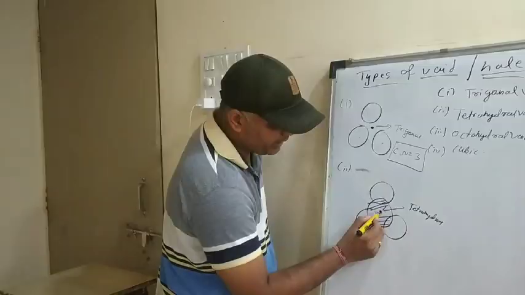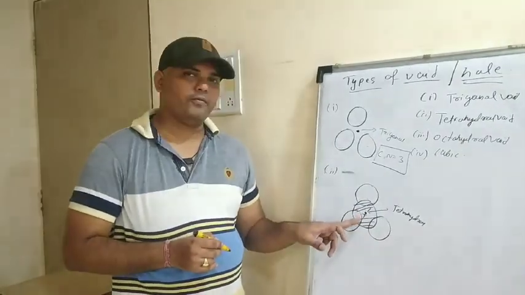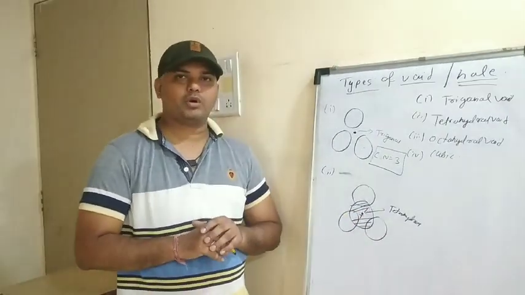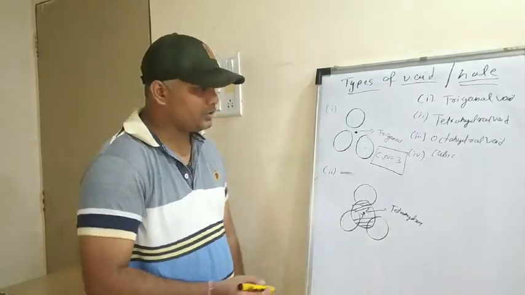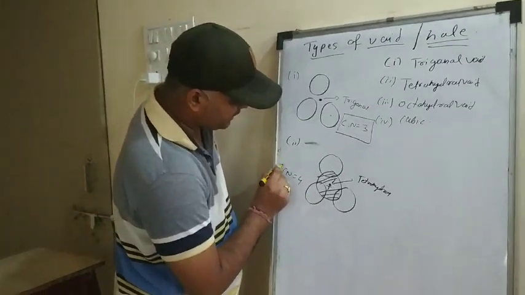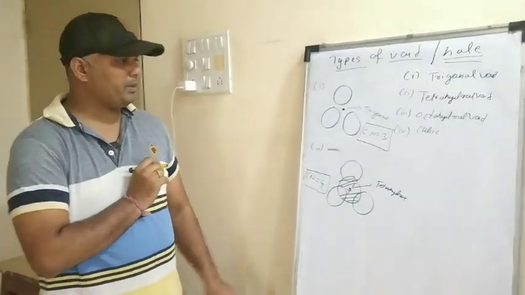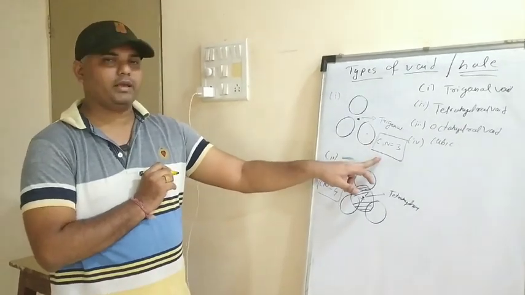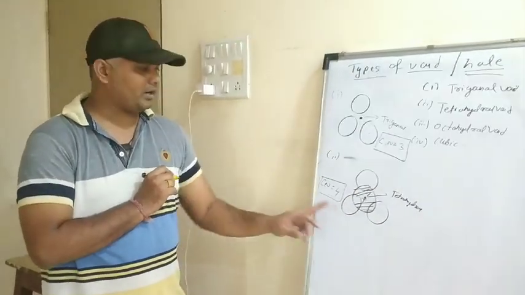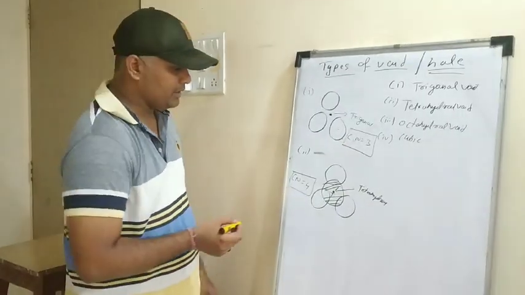Now are you able to identify? This is tetrahedral. See, 1, 2, 3 and 4, and there is a hole. So this is what is called the tetrahedral void. What will be the coordination number? The coordination number in this case will be 4. This is very simple. In one case there are 3 atoms, in this case there are 4 atoms, so the coordination number will be 4 here and 3 in the trigonal case.